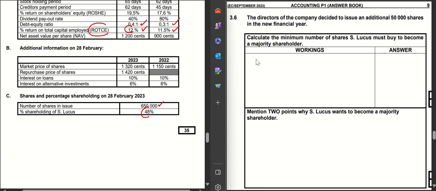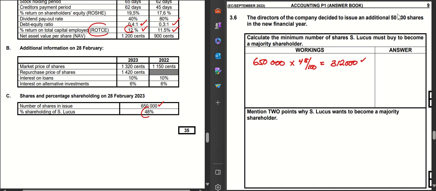So it simply means of this 650,000 shares, S. Lulu holds 48%. How many shares is that going to be? If you punch that in your calculator, you should get 312,000 shares. So of this 650, S. Lulu currently holds 312,000 shares.